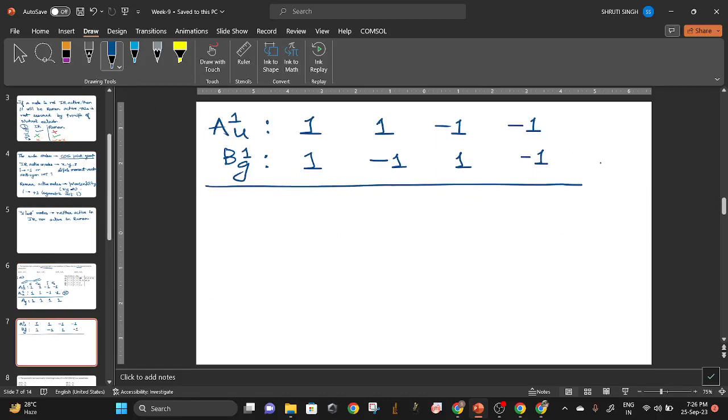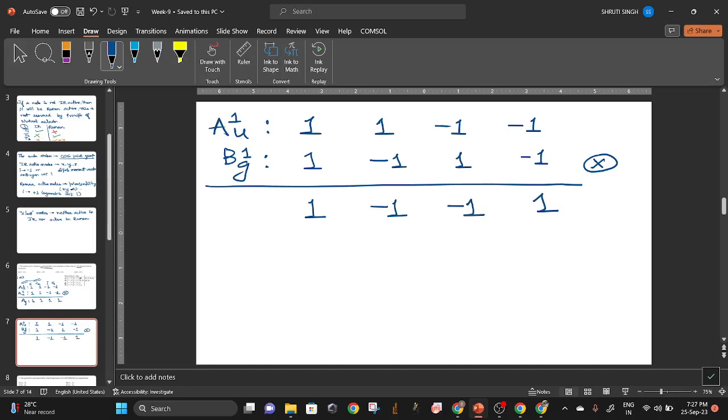So again we have to do cross multiplication, multiplying the corresponding characters. 1 into 1 is 1. 1 into -1 is -1. -1 into 1 is again -1. -1 into -1 is 1.